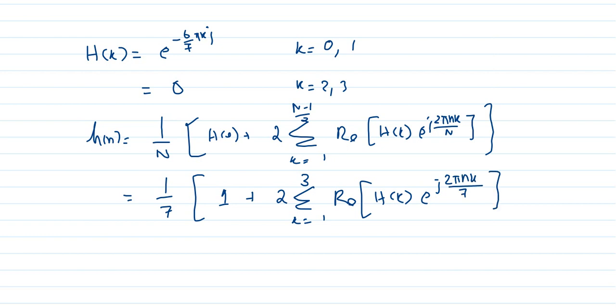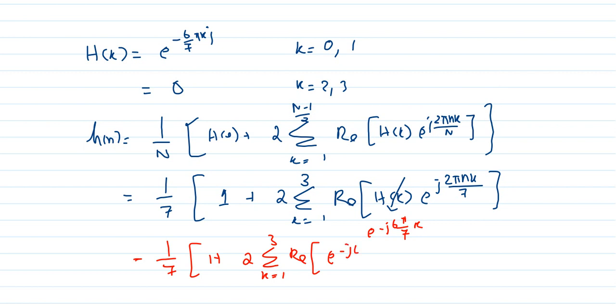What is our h of k? h of k is nothing but this value, e power minus j 6 pi by 7 k. That's the value of h of k. Now rewriting the equation: 1 by 7 times 1 plus 2 times the sum for k equal to 1 to 3 of the real part of e power minus j 6 pi by 7 k e power j 2 pi n k by 7.